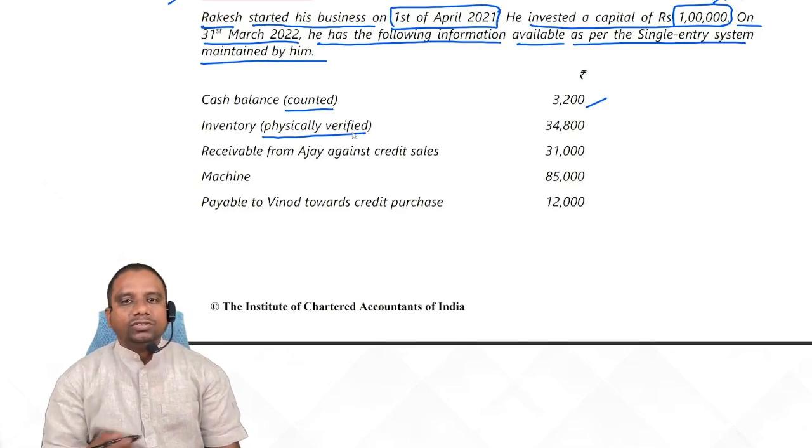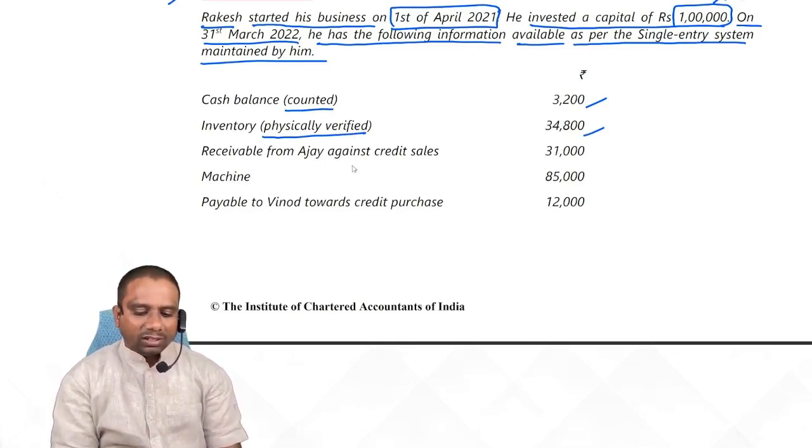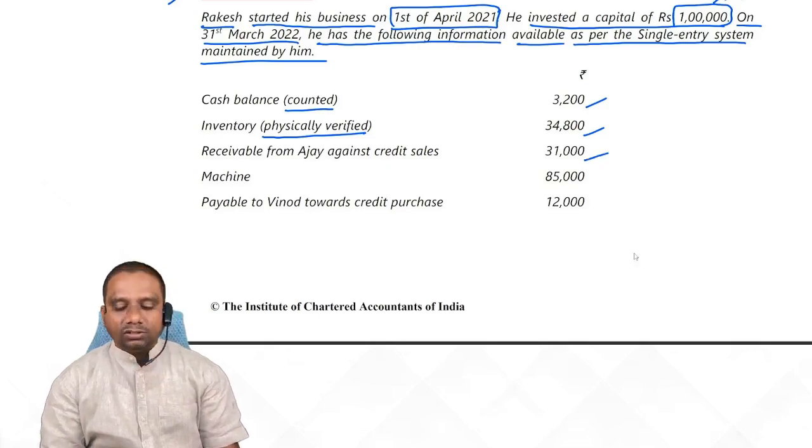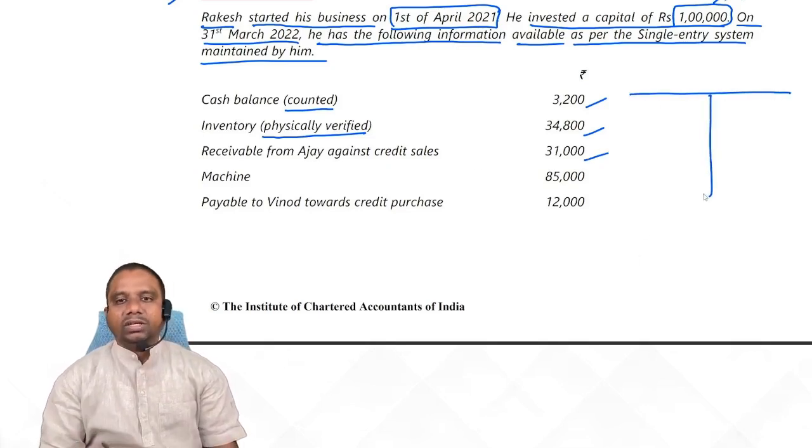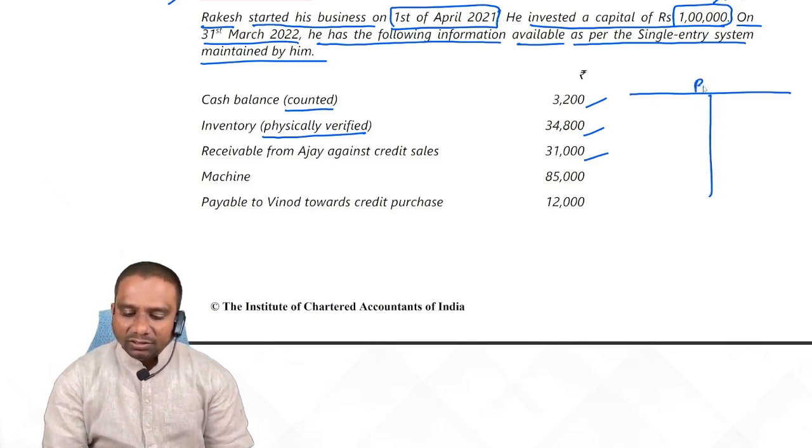Inventory, this is also physically verified. We have 34,800. Receivable from Ajay against credit sales 31,000, nothing but debtors. So here you can prepare the statement of affairs easily.